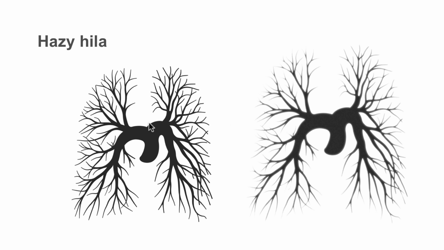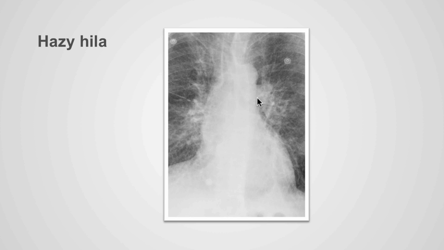The normal pulmonary artery branches are distinct and have sharp edges. There is a situation where there is blurring of the contour of the pulmonary arteries. And this happens when there's leakage of fluids into the peribronchial and perivascular interstitium. This commonly happens with interstitial pulmonary edema, where we lose the distinctness of the hilar vessels.